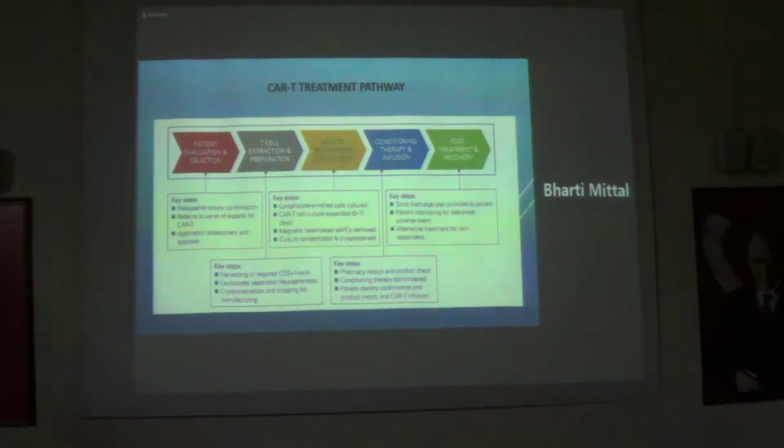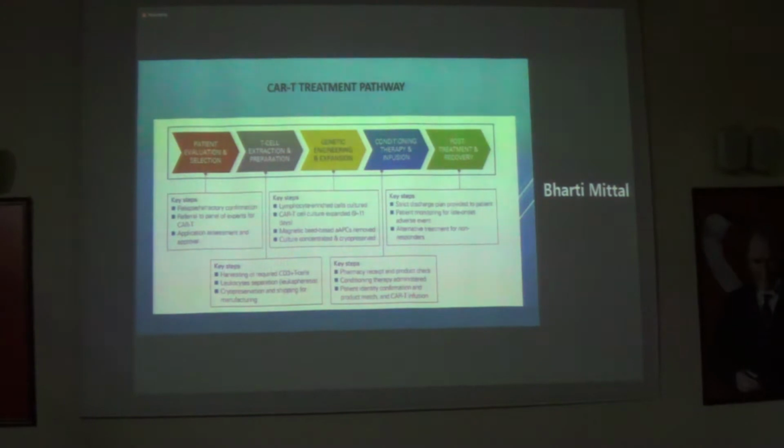The key steps in T-cell harvesting are acquiring CD3 plus T-cells using apheresis or leukapheresis, and then cryopreservation and shipping to the manufacturing facility.